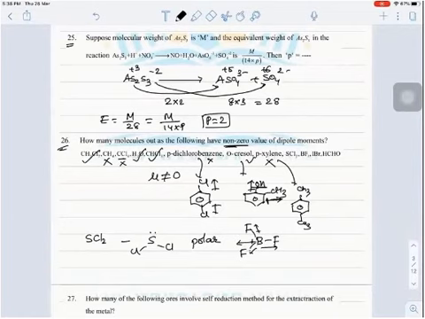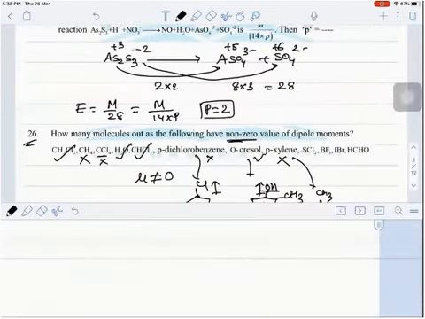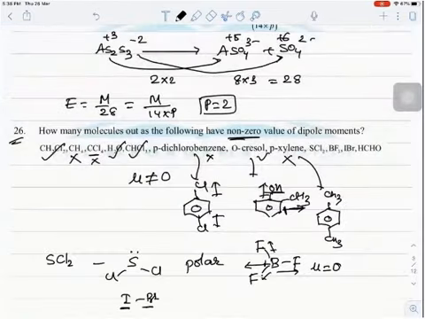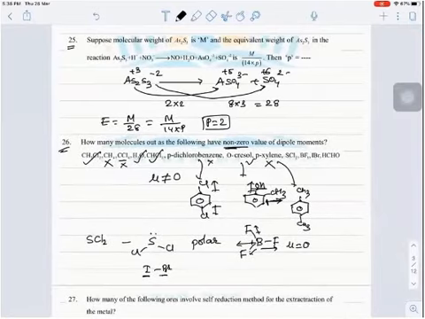So it is a non-polar molecule with dipole moment 0. IBr is a linear molecule. Due to electronegativity difference, it is polar. So here we have these molecules. SCl2 is polar. BF3 is non-polar. IBr is polar. Formaldehyde is also polar.